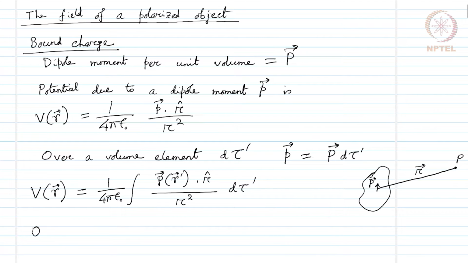We make an interesting observation: del prime of 1 over curly r, the gradient of 1 over curly r, is r cap over r squared.